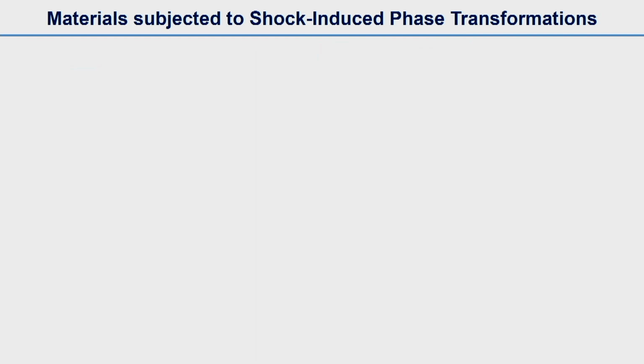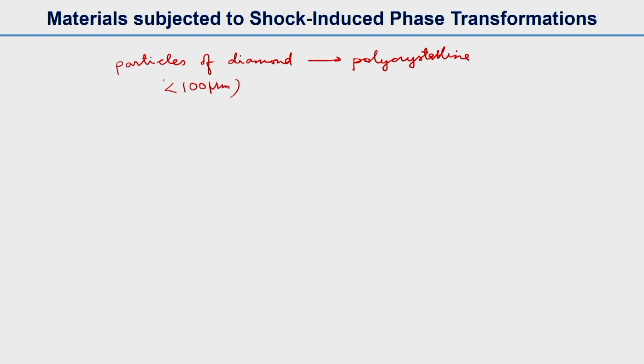As we already mentioned, the particles of diamond produced with this method are polycrystalline. So even the particle size is probably less than 100 micrometer, and one single grain, or you can call it a crystal, has even less than 100 angstrom diameter.